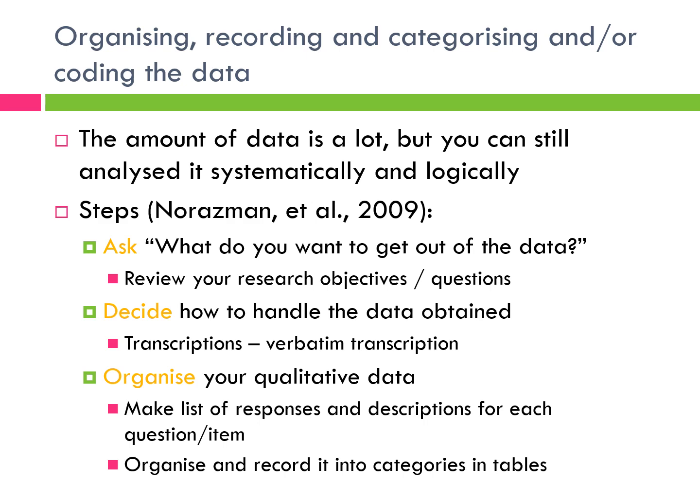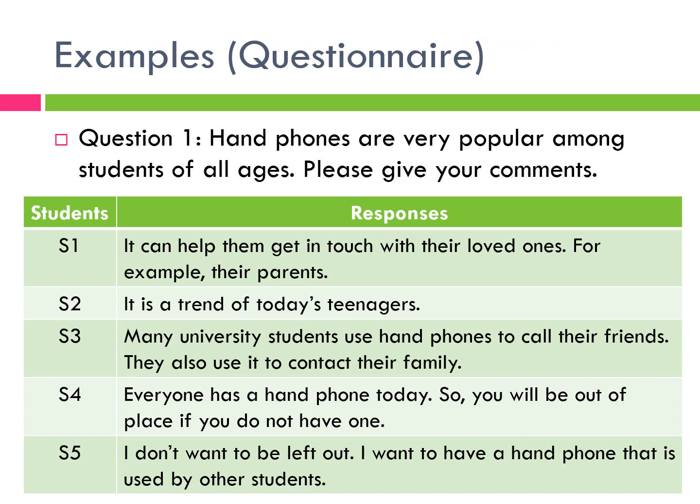Next. For example, I know some of your questionnaires contain open-ended questions, especially questions with answers like others or please explain, things like that. So for example, if you see here in the slide, question 1, handphones are very popular among students of all ages. Please give your comments.